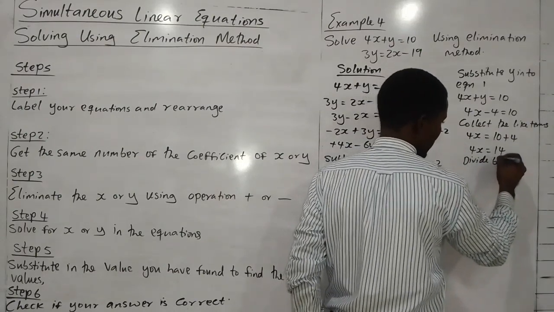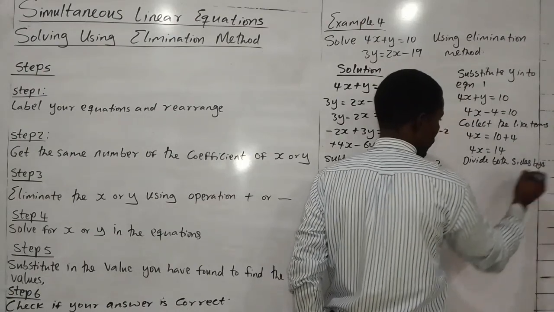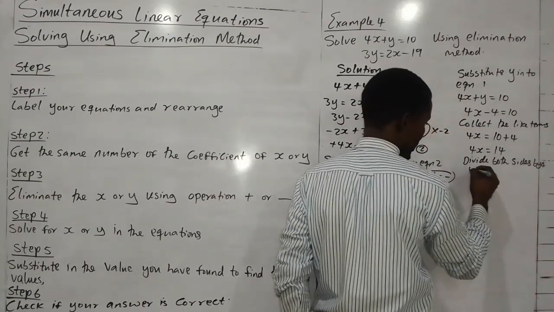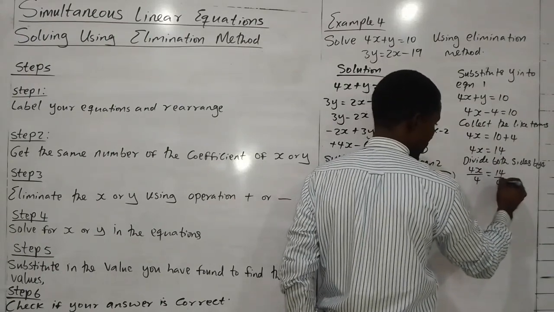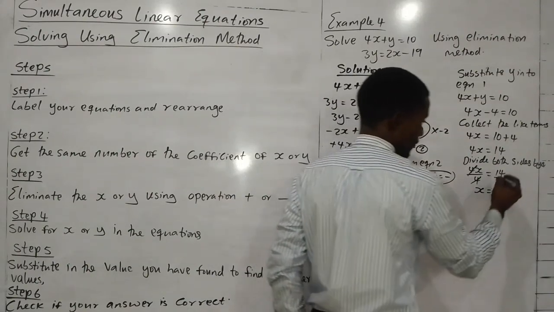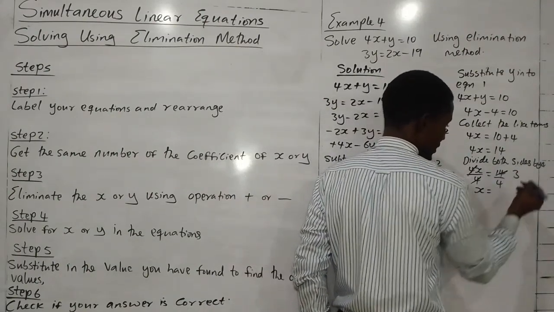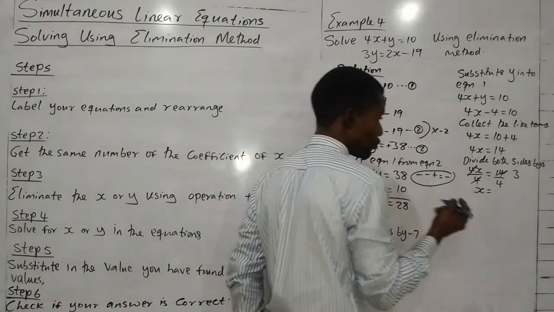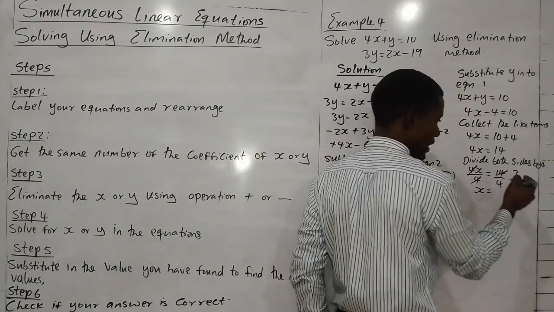Divide both sides by 4, which is the coefficient of x. So 4x over 4 equals 14 over 4. Now x will equal... 4 can go into 14 how many times? It can go 3 remainder 2. Now 4 can go into 20 how many times?